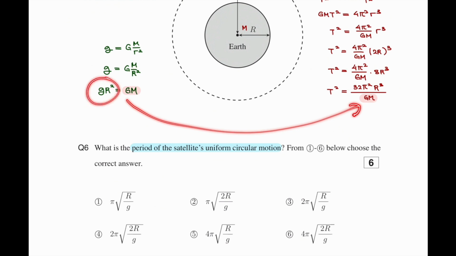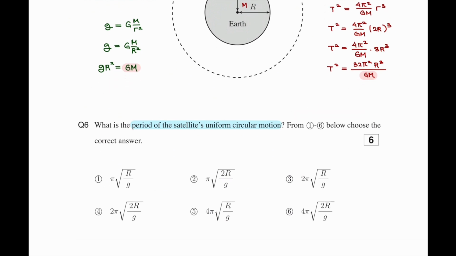G M is g R square. T square equals 32 pi square r cube over g R square.